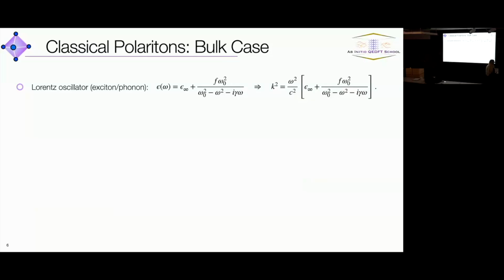Even we can use an array here, like f over omega_T squared minus omega squared plus i gamma omega. Right, so now this is a complex number. So you can define the real part and the imaginary part.